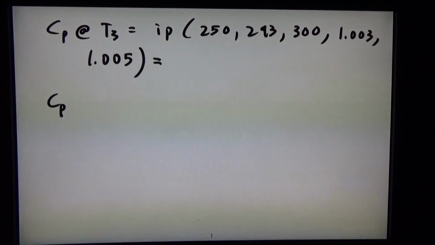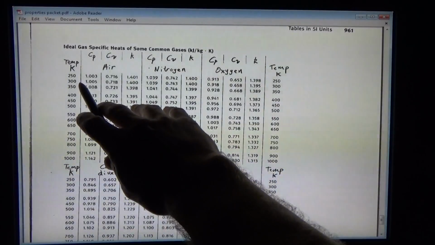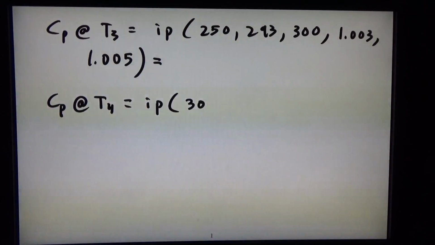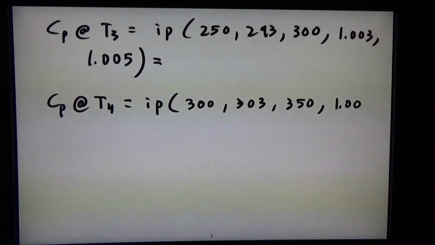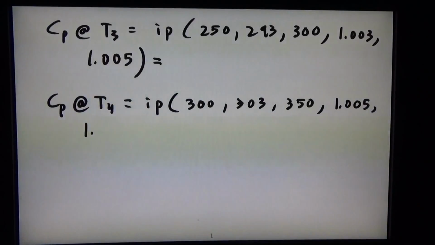C sub P at T4. Also going to need to do an interpolation, but this time it's at 303, so we'll be interpolating between 300 and 350. So at 300, 1.005. At 350, 1.008.